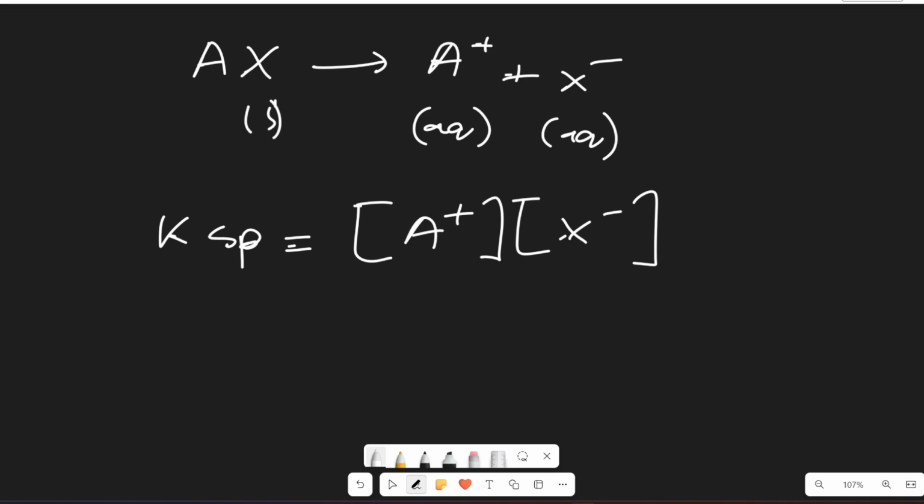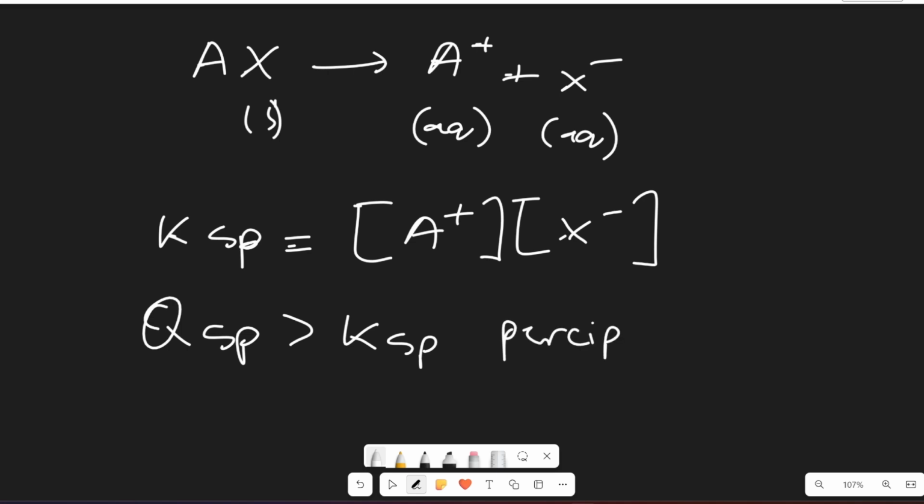In a similar way, we can use Q for this if we're not at equilibrium. So we can say QSP, and if QSP is greater than KSP, that essentially means that we're forming a precipitate. So precipitate would form. I forgot to include here, this is also a reversible reaction.